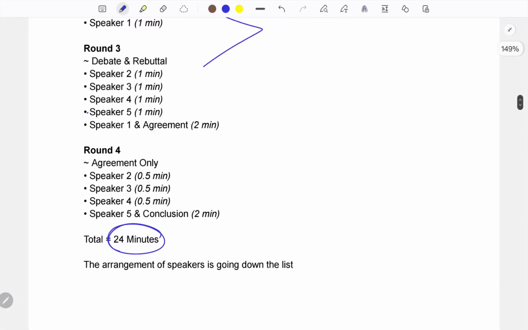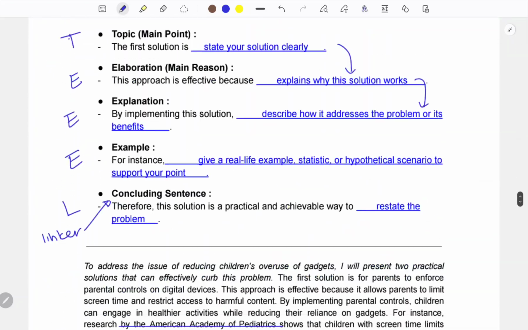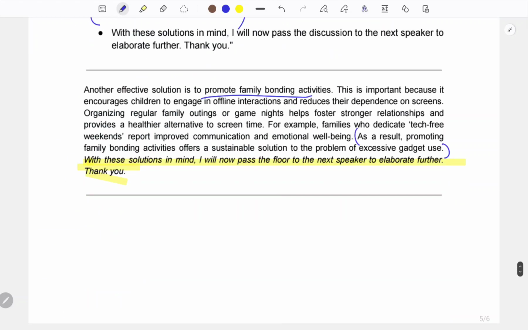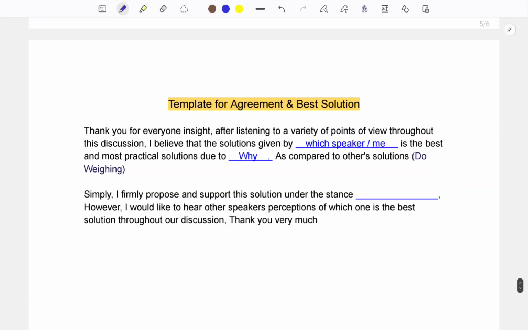Okay, so now I'm going to go to this one. This is my part. So thank you for everyone inside. After listening to a variety of points of view throughout the discussion, I believe that the solution given by the person who gave the solution is the best and most practical solution, due to why it is the best and most practical. As compared to other solutions, you do weighing: her solution is this, but this.